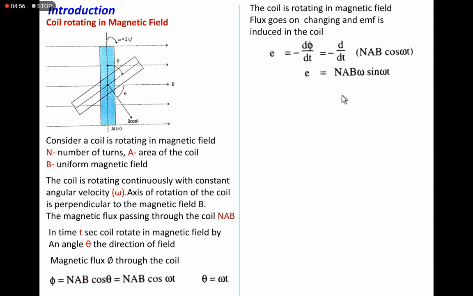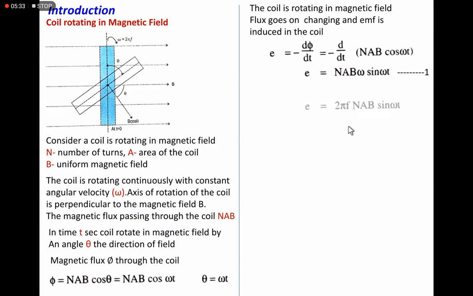This is E is equal to NAB omega sine of omega t. This is the differentiation of this quantity. N is the number of turns in the coil, A is the area of the coil, B is the strength of the magnetic field, omega is the angular frequency. So EMF is induced in the coil when flux changes with the coil.